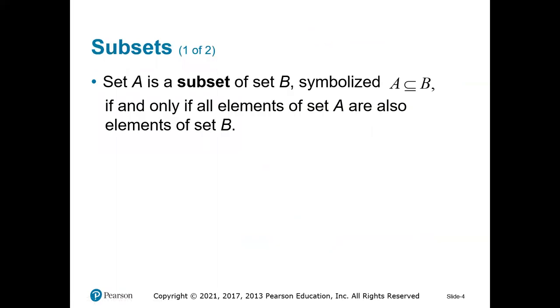So let A be a set. A subset of A is a set, and the symbol is this one here. So if A is a subset of B, this sentence, set A is a subset of B, can be symbolized using this notation here. Again, why are we doing this? Just to save some ink and not write too much.